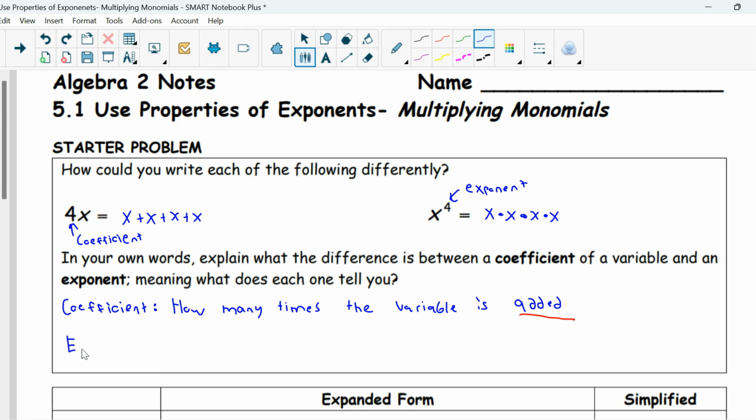With our exponent, it is similar, except we are talking about how many times we are multiplying the variable.